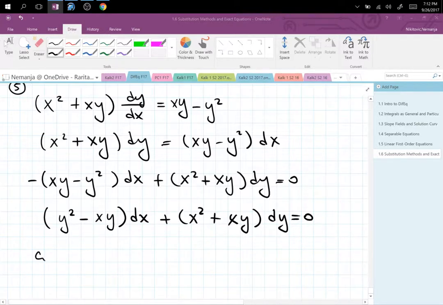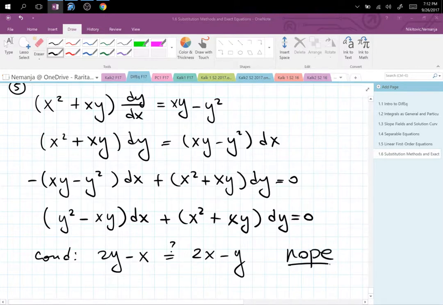Let's check. So now the condition. Take the derivative with respect to y on the first one, you get 2y minus x. On the second one, with respect to x, you get 2x minus y. Yeah. Nope. You don't get 2x minus y there, that's plus y.